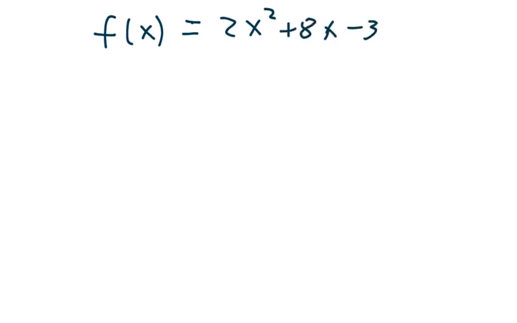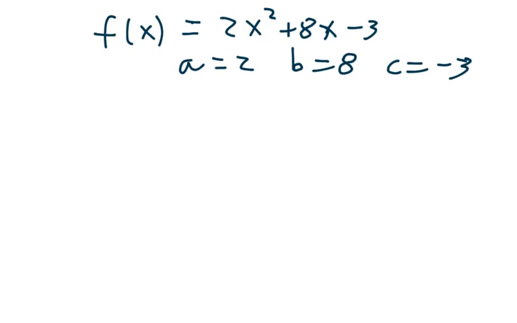Let me just write down again what our quadratic is, which is given. We have 2x squared plus 8x minus 3. So again, we have a is 2, b is 8, c is minus 3. So we're going to try and get the x-intercepts. Let's just dive right into the quadratic formula. Sometimes you can just try factoring, but let's use the quadratic formula.